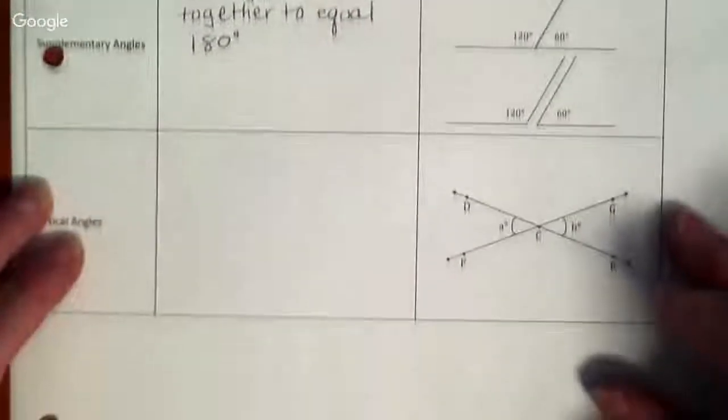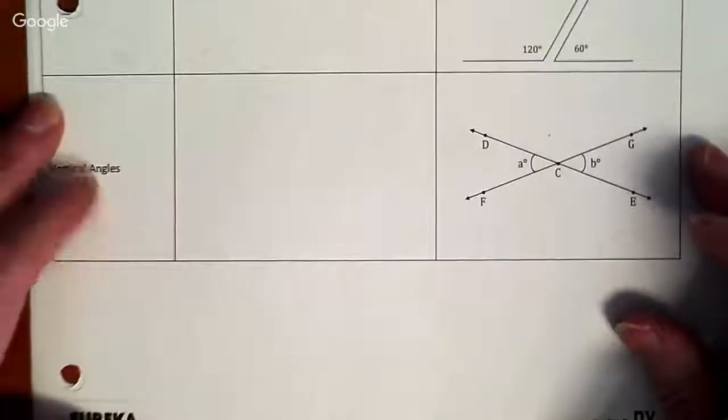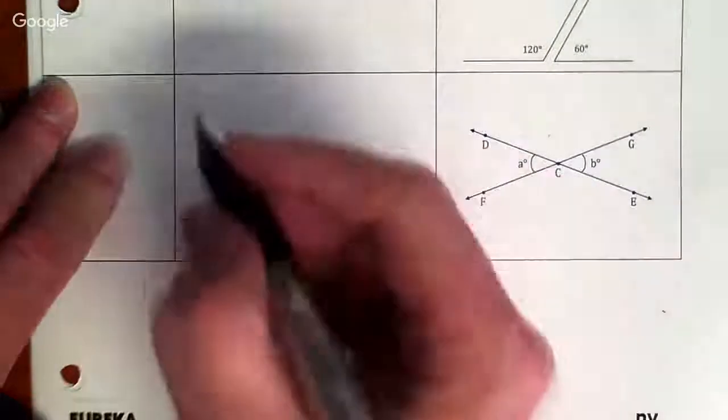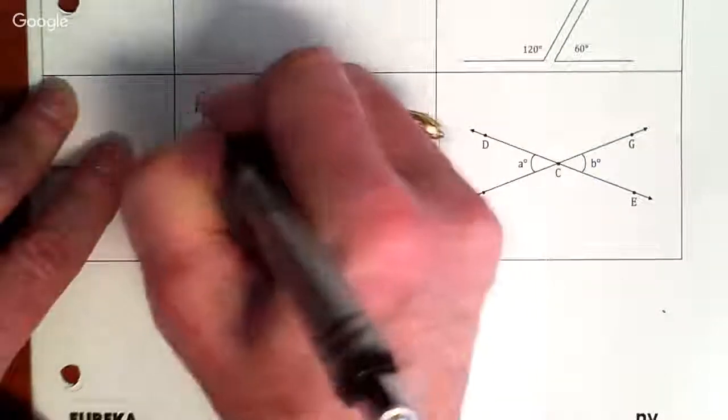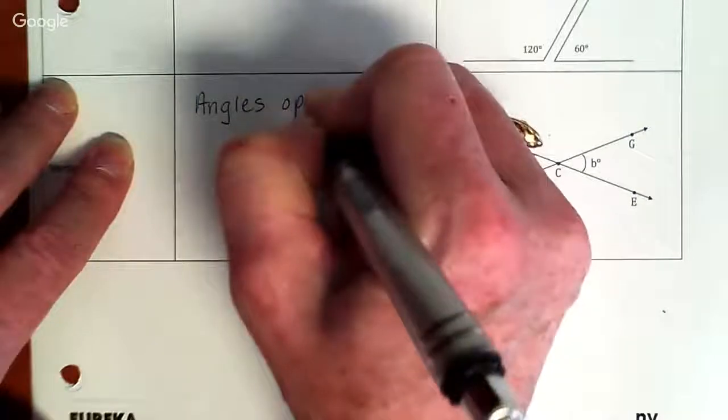And last, our vertical angles. They are angles opposite one another.